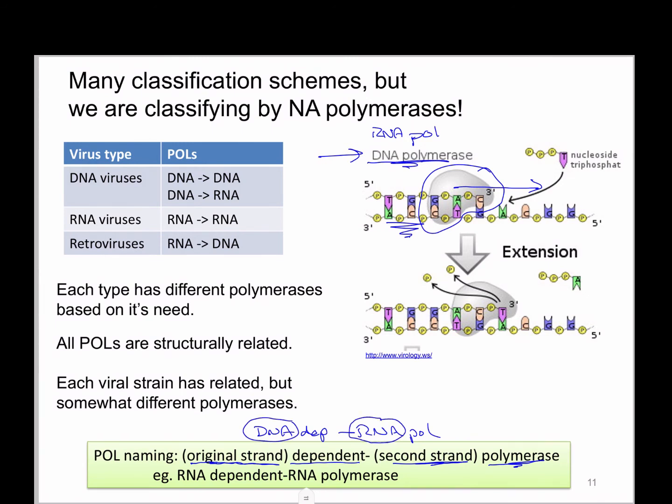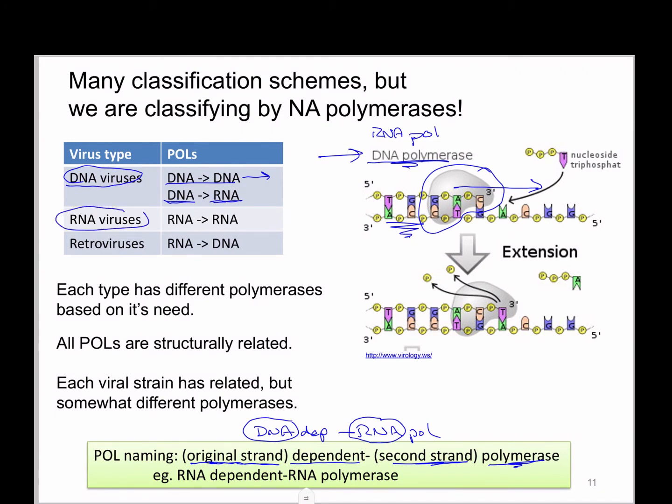We can categorize these different viruses based on the type of nucleic acid they have and the type of polymerase they use. So if viruses come with DNA inside them, then they're a DNA virus, and they would need polymerases that could replicate their DNA to DNA, and they'd need polymerases that can convert their DNA to messenger RNA.